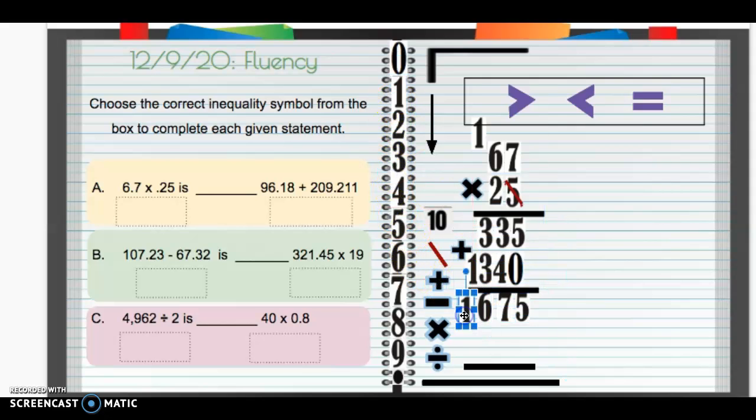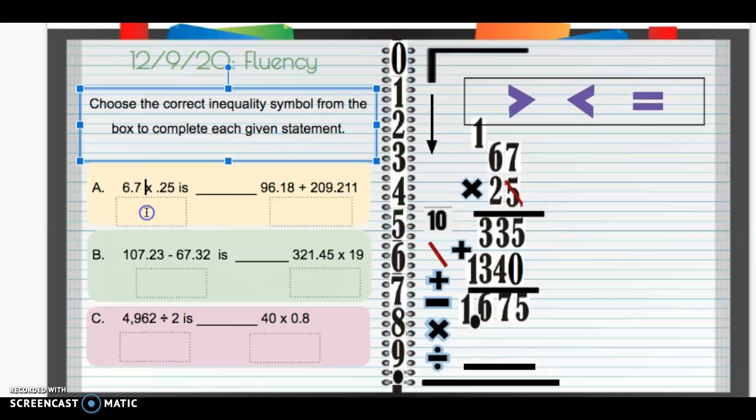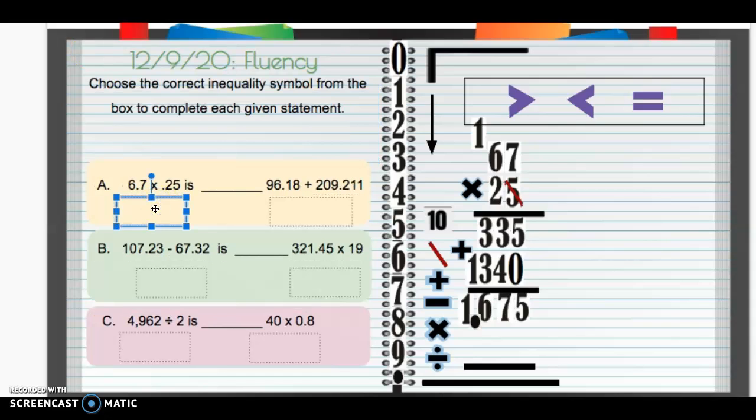We have to swoop the decimal point. So I have a 5, a 2, and a 7 behind the decimal point. That means I've held up 3 fingers. So I have to swoop through 3 times. Swoop once, swoop twice, swoop 3 times. So my answer for our A, the answer I get is 1.675.